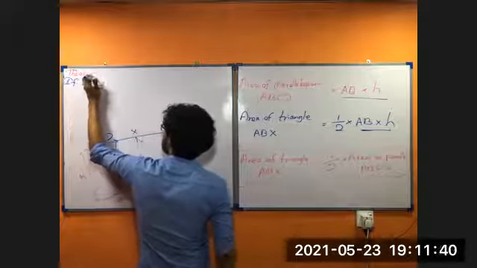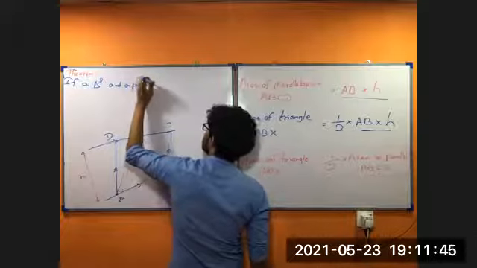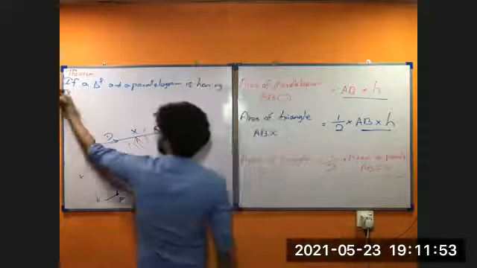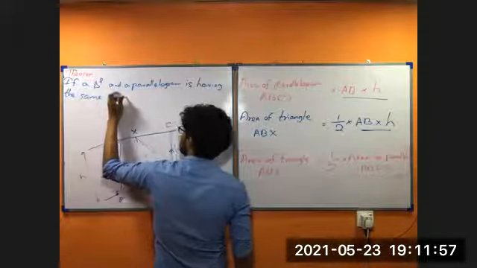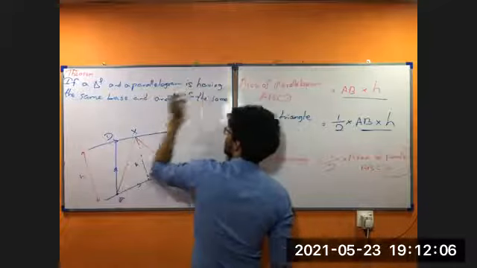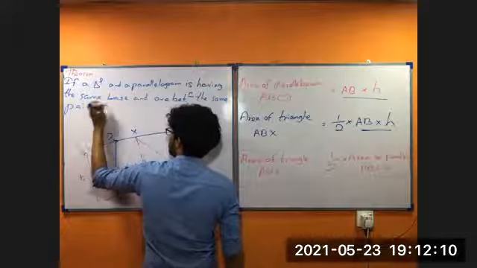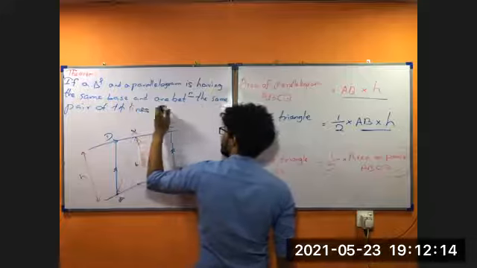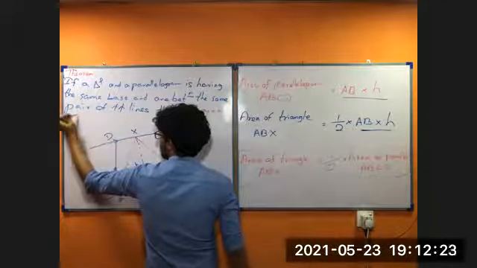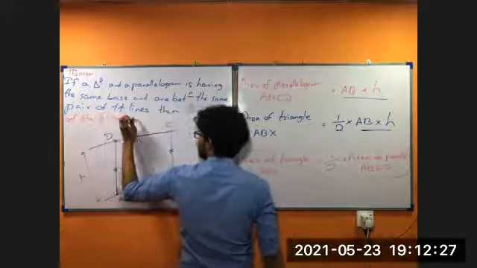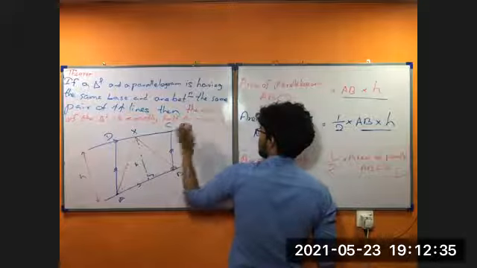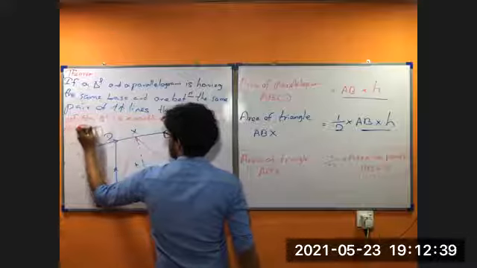If a triangle and a parallelogram are having the same base and are between the same pair of parallel lines, then the area of the triangle is exactly half the area of the parallelogram.